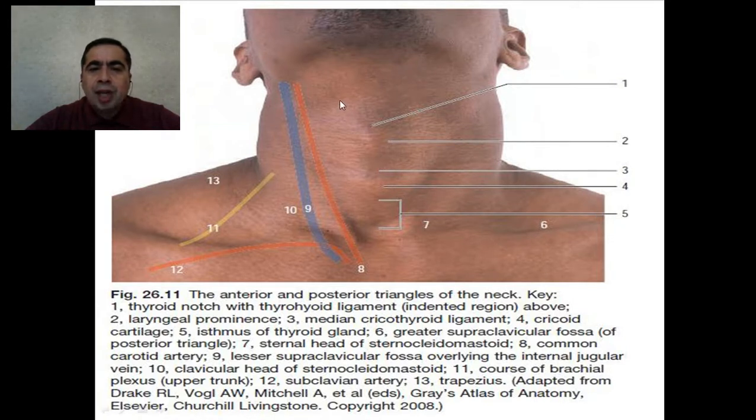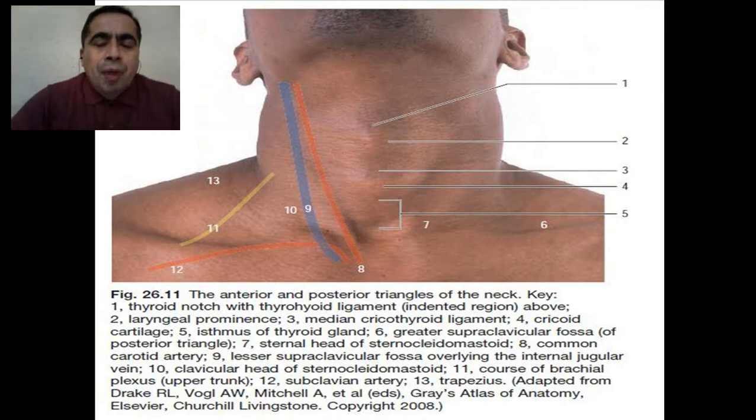And in this picture, you are looking at these very prominent structures, the anterior and the posterior triangles of the neck. As I have noted, these two triangles are separated by the sternocleidomastoid muscle. The first number indicates the thyroid notch with the thyrohyoid ligament between the hyoid bone and the thyroid cartilage.